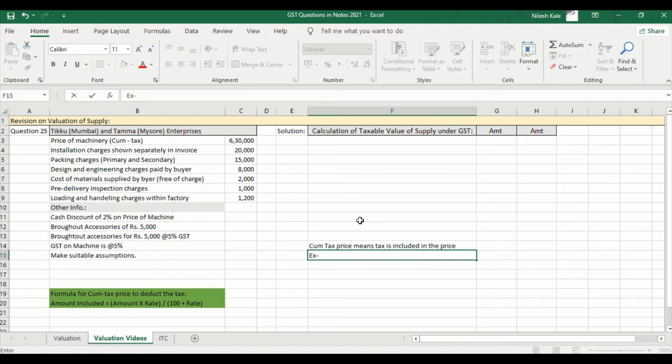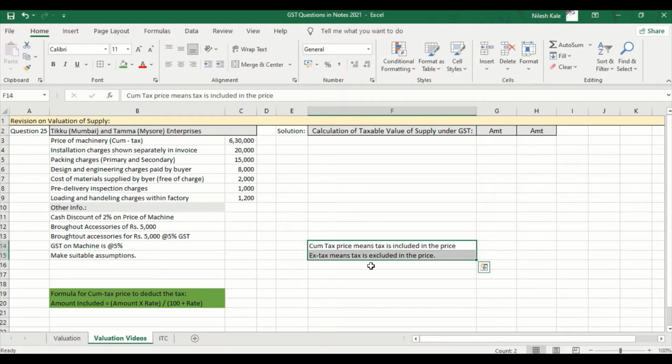Ex tax means tax is excluded in the price. Write this if you do not understand the cum tax or ex tax meaning.